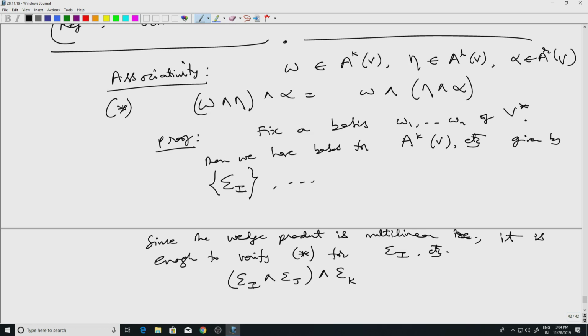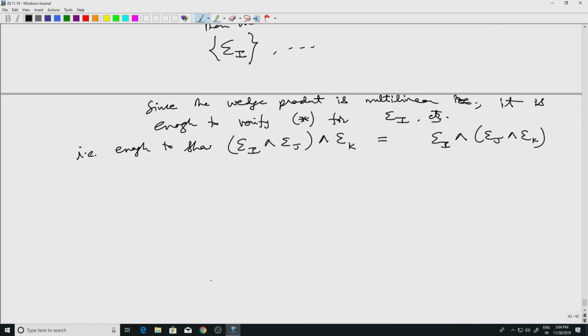On the right side, they'll involve terms of the form shown. These terms will occur on the left side and the right side with the same coefficients, but we want to know if this form is actually equal to this, i.e. it is enough to show this.